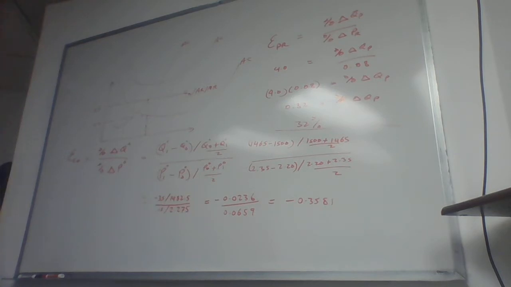So we have our demand equation, QD equals 2,000 minus 25P, right? Since we like our prices to be positive, let's move my 25P over to the left.